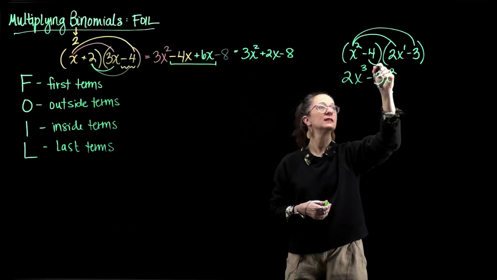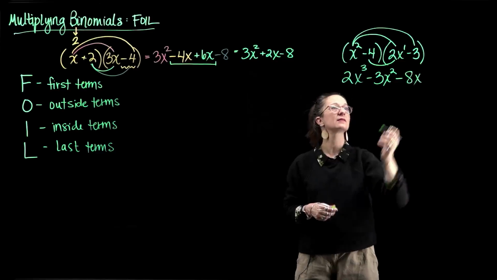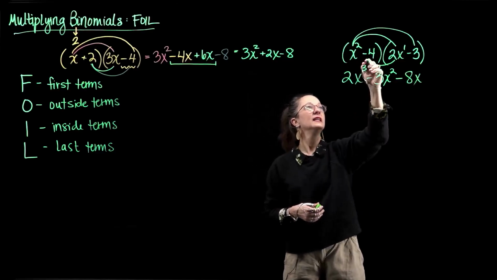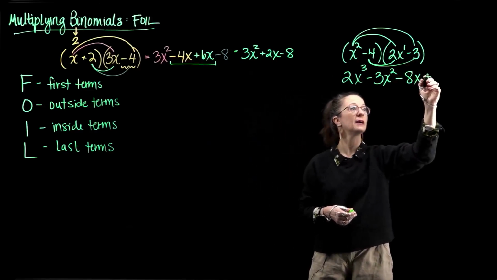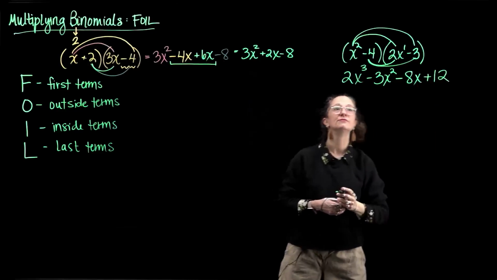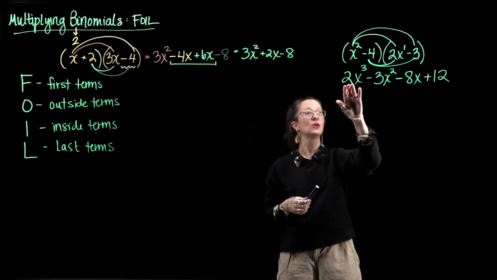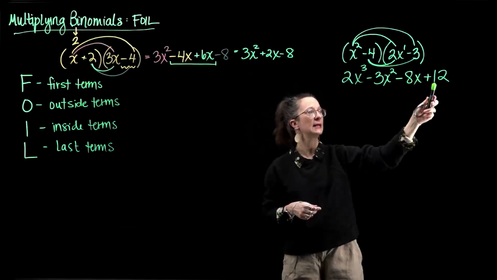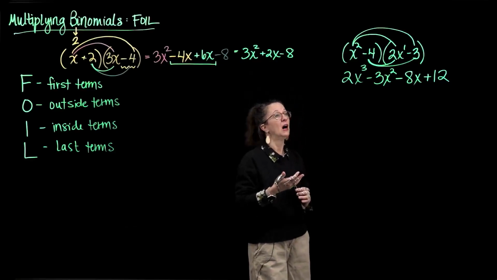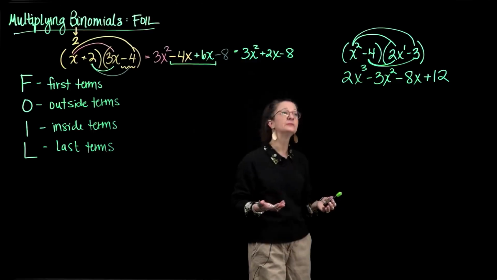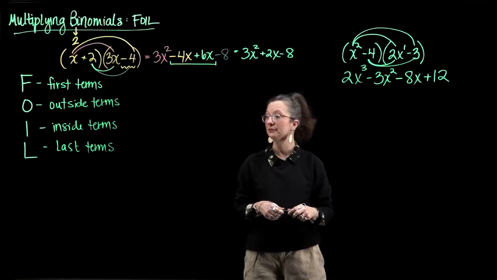The inside terms, minus 4 and 2x gives me minus 8x. And then the last terms, minus 4 times minus 3 gives me positive 12. All right, so when I check that one, I have 2x cubed minus 3x squared minus 8x plus 12. I don't have any like terms here, so there's nothing I can combine. So this would be my final answer.